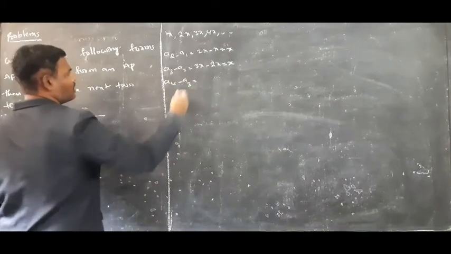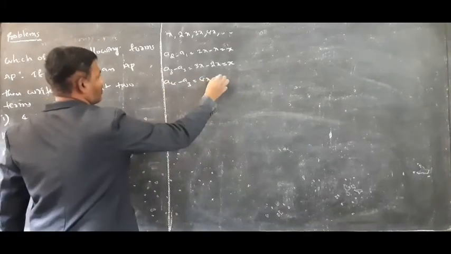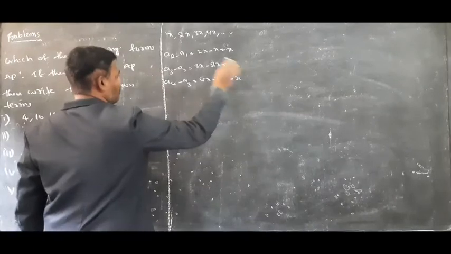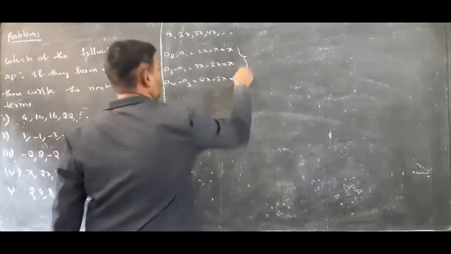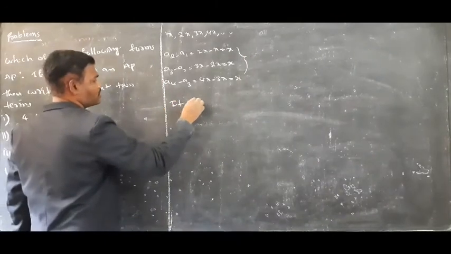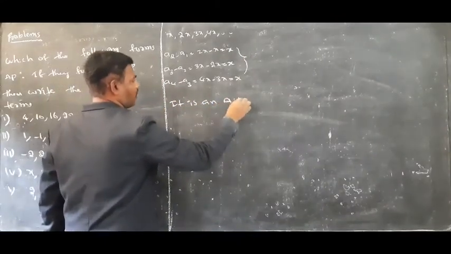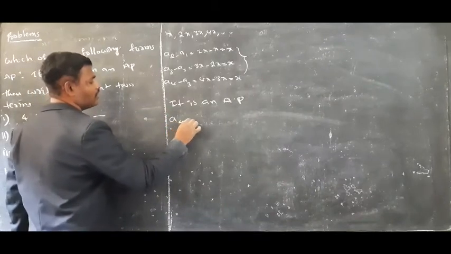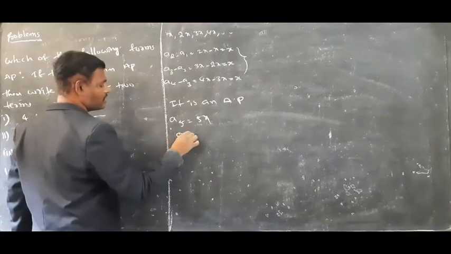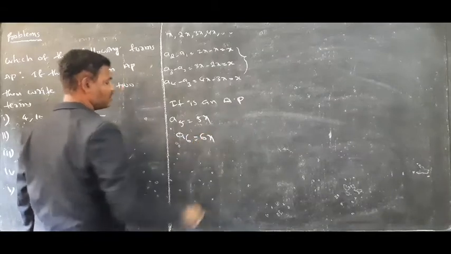A4 minus A3 is equal to 4x minus 3x is equal to x. Here also the common difference is equal. So it is an AP. Then what about the fifth term? It is equal to 5x. Sixth term is equal to 6x.